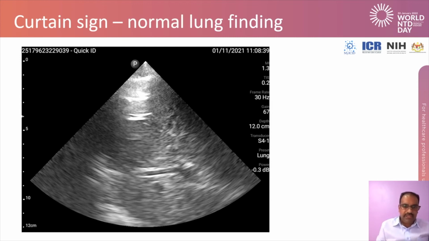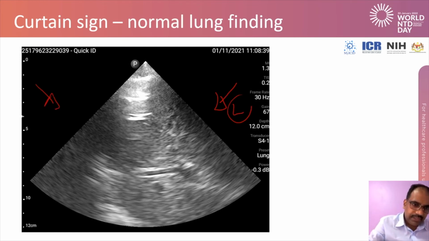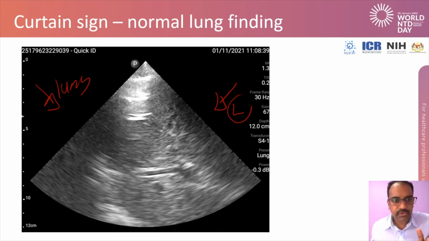So here you can see at this angle a liver, here will be the lung, and in the middle the lung will be like a curtain overriding the liver on inspiration, and the liver will appear on expiration. So I'll play the video first, for you to appreciate a curtain sign which shows a normal lung without a pleural effusion.